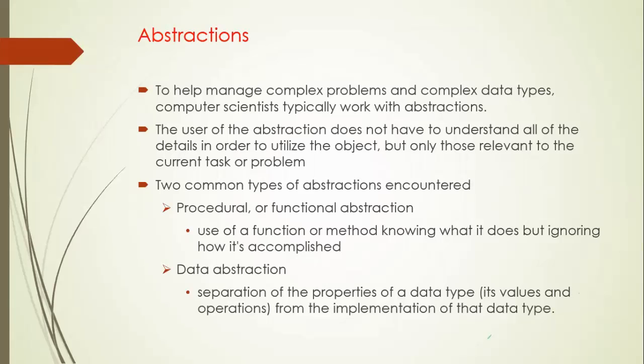Two common abstractions are encountered: procedural abstraction and data abstraction. That means variables can be provided an abstraction, and functions can also be provided an abstraction, like private in Python, or in many object-oriented programming languages like C++ and Java.